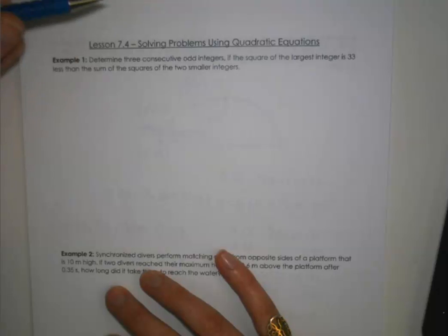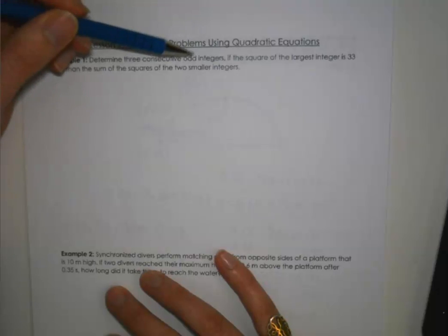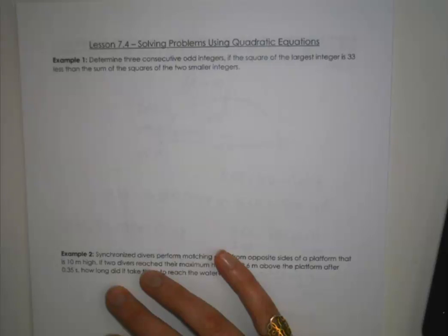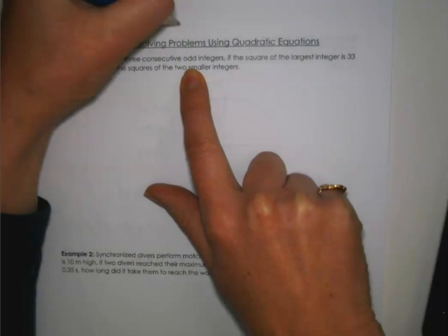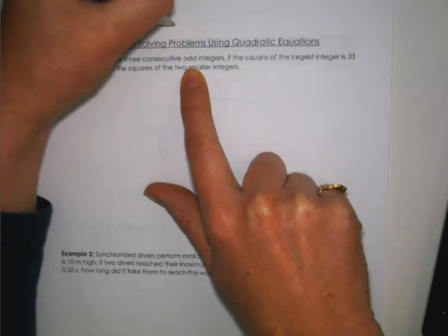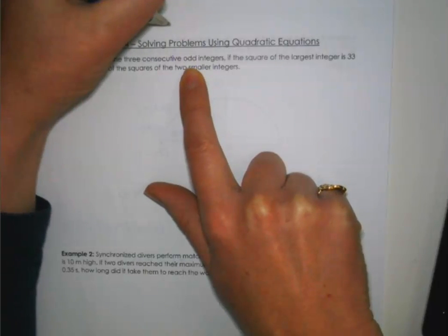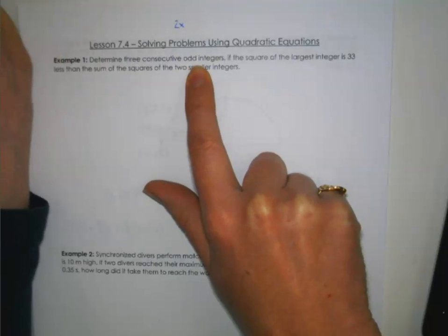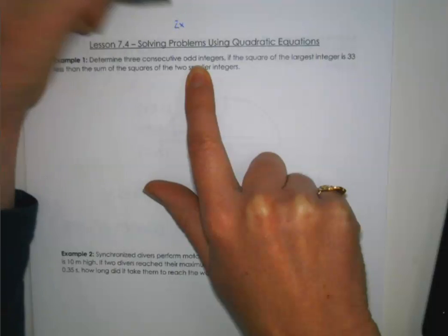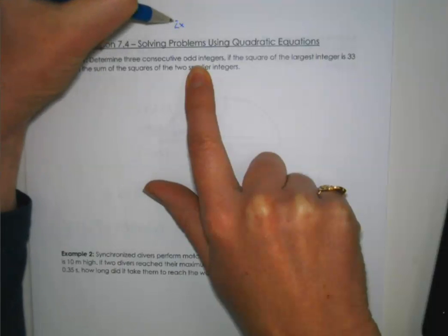Because we're dealing with odd integers, one way to ensure that our variables represent an odd integer is to think about an even integer first. Even integers are all divisible by 2. So if we wanted to make sure our integer was even, we could make it 2x, where x is whatever number you multiply by.